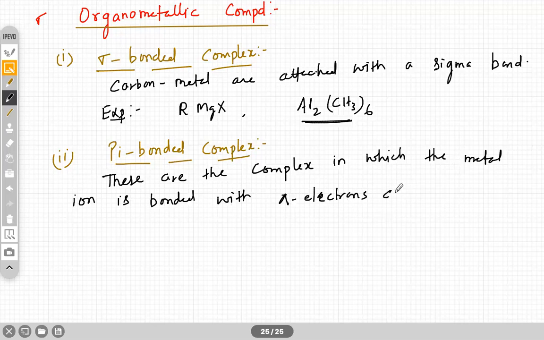Pi electron clouds. For example, you see these structures that I'm going to draw.